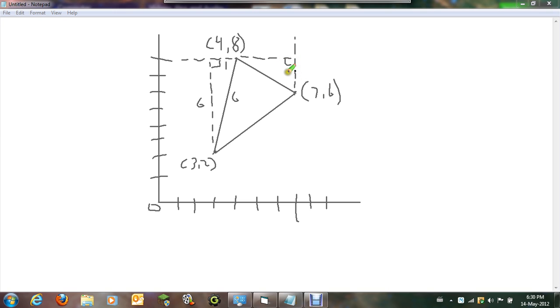If we know what these sides are, here we go, 1, 2, so this is 2 long. And this one here goes 1, 2, 3, so it's 3. So the square of 3.